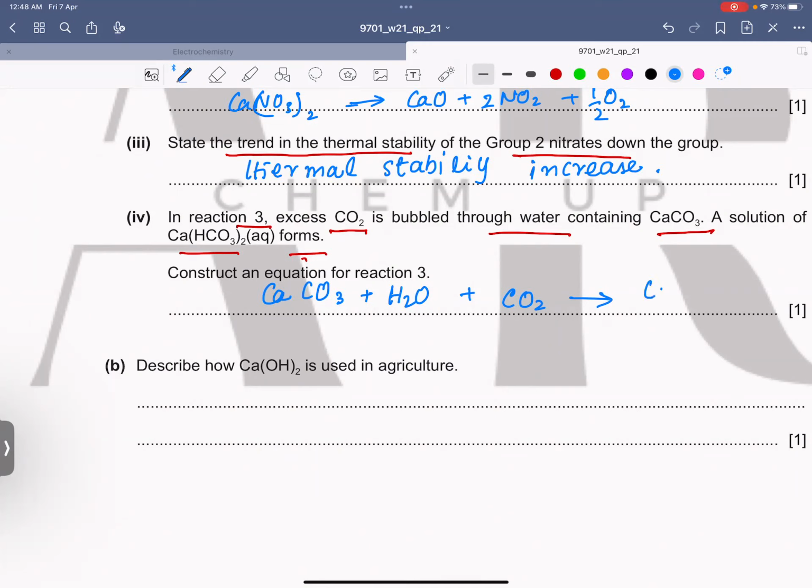The compound formed is calcium hydrogen carbonate as they have given us. So we will put the 2 in the subscript for the formula.